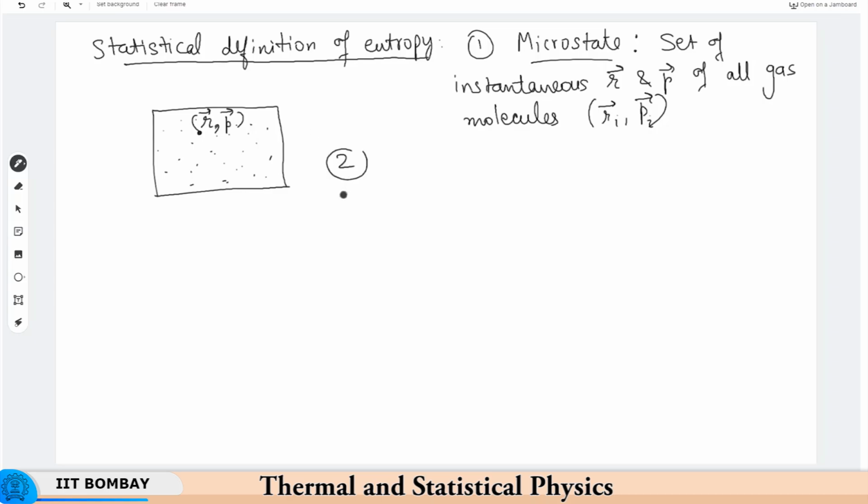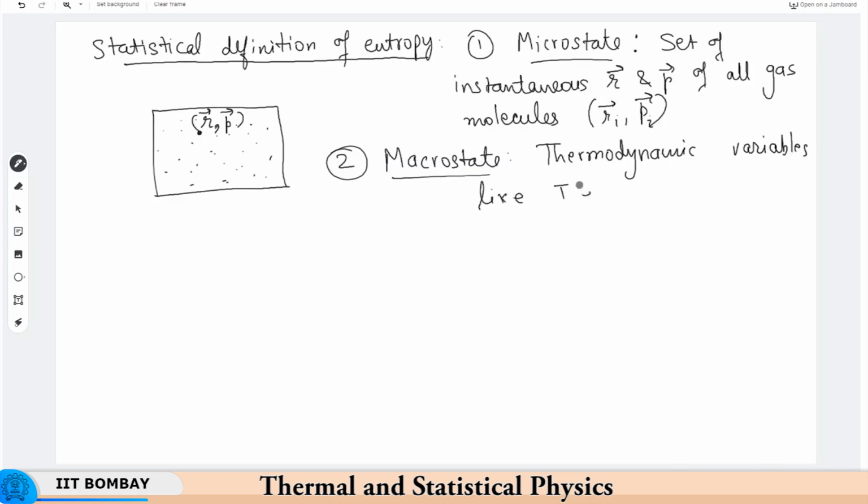And what is a macrostate? If you remember, this is what we were interested in kinetic theory. But when we started thermodynamics, we said that we are going to completely ignore all these microscopic details, and we were only interested in macroscopic thermodynamic variables. So, the next thing is macrostate, and a macrostate is thermodynamic variables like temperature, pressure, internal energy and so on.